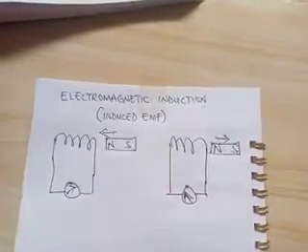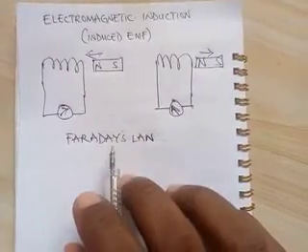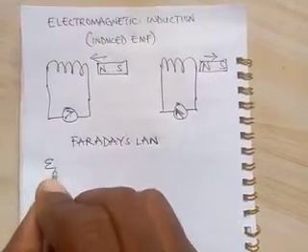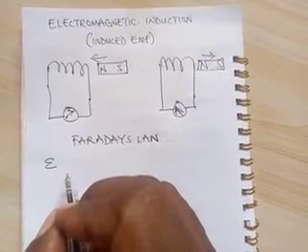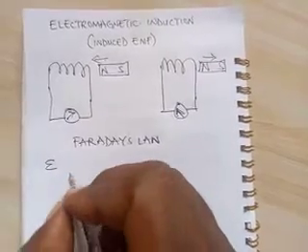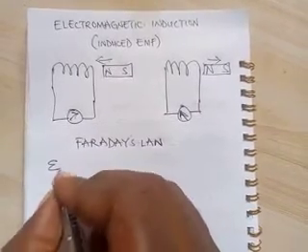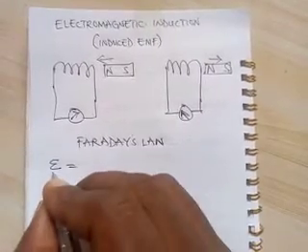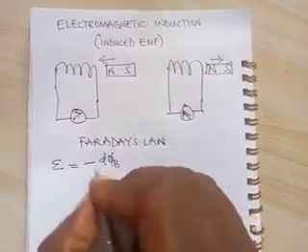That's EMF. So, we look at Faraday's law of induction. This law states that the induced EMF in a circuit is equal to the negative of the rate at which the flux through the circuit is changing. If the change of flux is in Weber per second, the EMF, in volts, is equal to negative dΦB over dt.